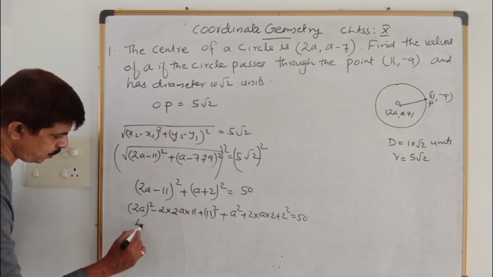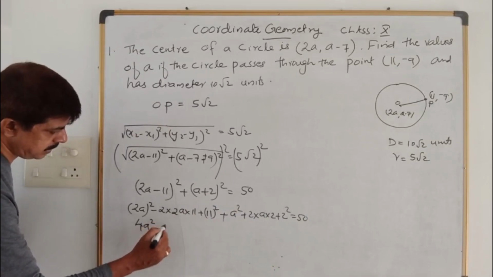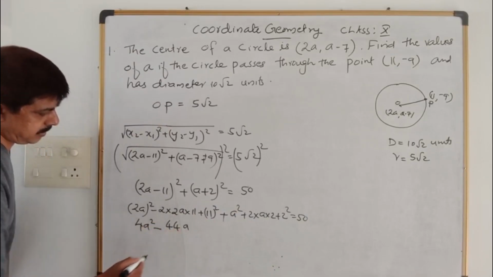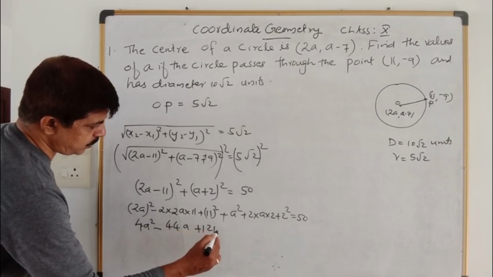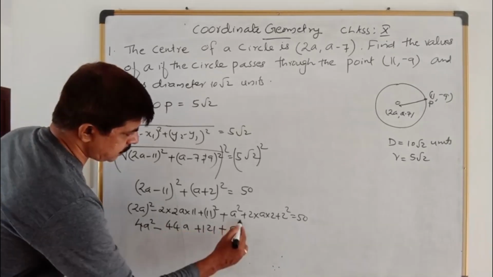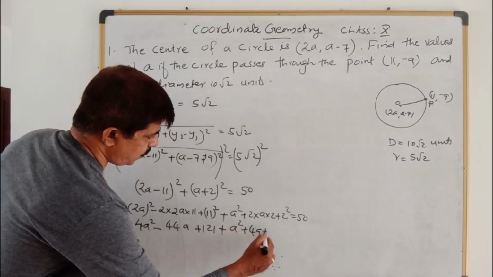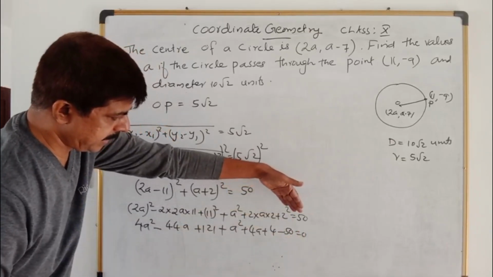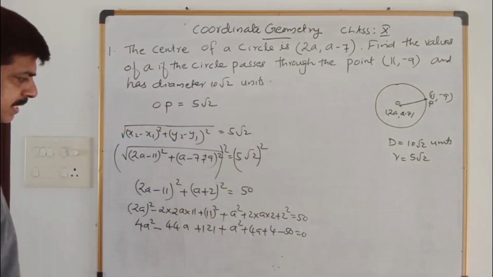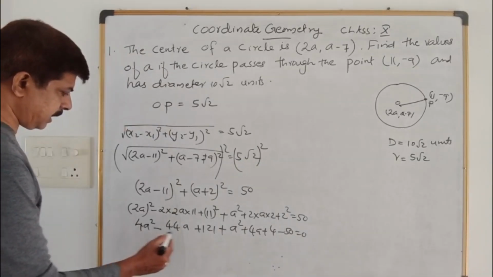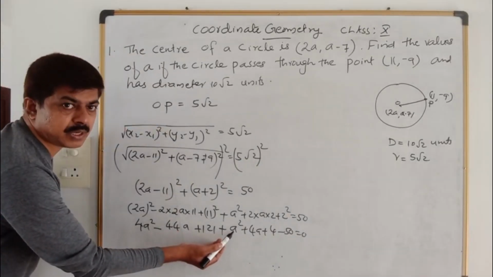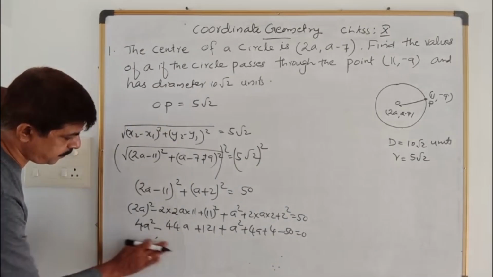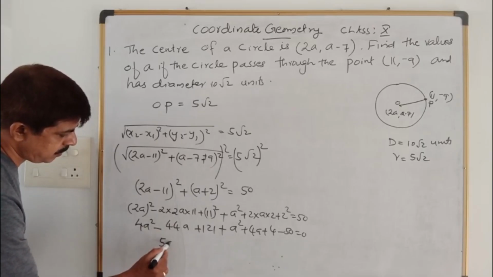So 4a square minus 44a plus 121 plus a square plus 4a plus 4 equals 50. The 50 can be taken to the left side by changing sign. Now the like terms: 4a square plus a square is 5a square.